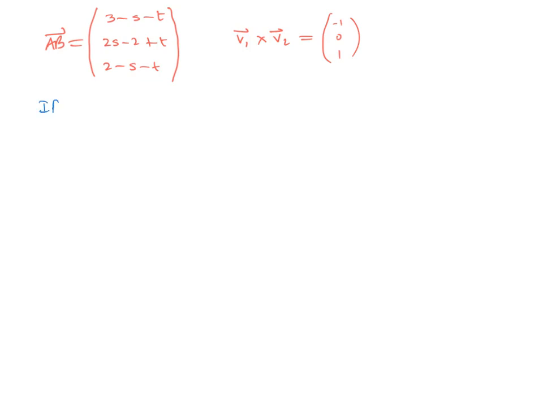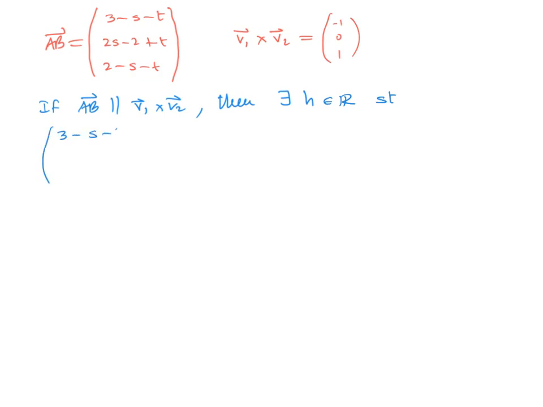So if AB vector is parallel to V1 cross V2 vector, then there exists, and I'm not going to use K here because k hat was used earlier, but it's okay, I'm going to use H in R such that the rule is that they have to be scalar multiples.